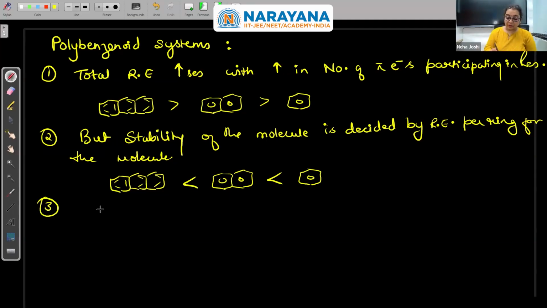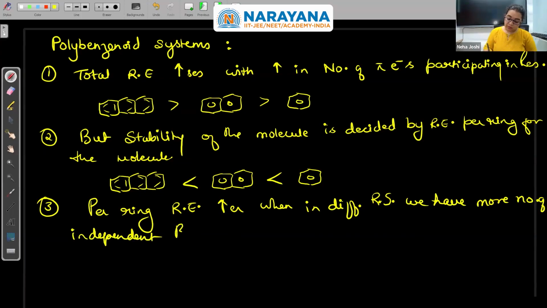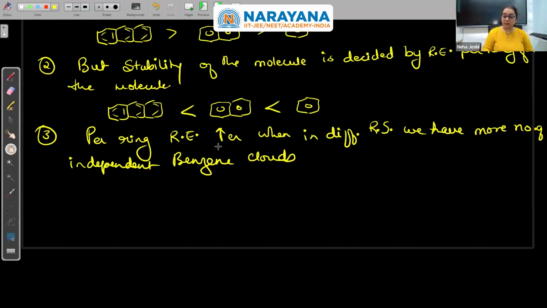Per ring resonance energy is higher when, in different resonating structures, we have more number of independent benzene clouds. Remember this. For example, if I talk of anthracene, I can have at best two rings.